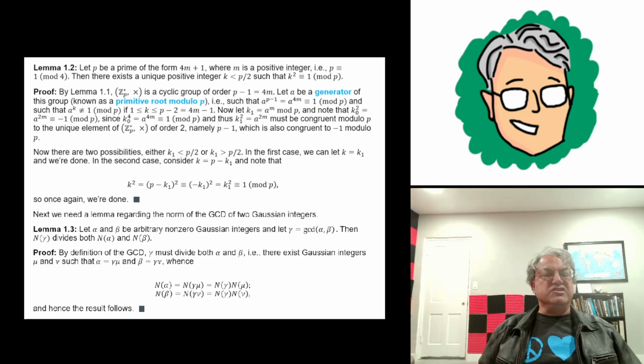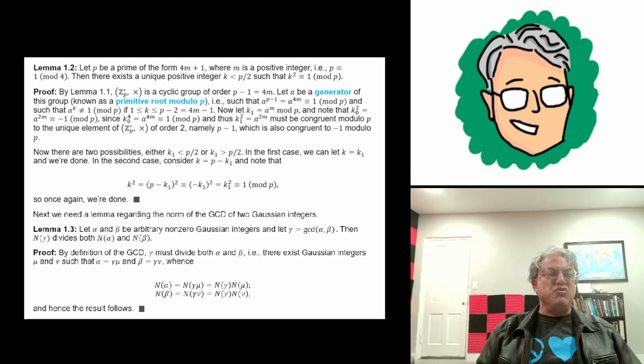Well then, notice that k1 squared is going to be a to the 2m, and that's going to be minus 1. Remember what I said earlier? This is a cyclic group of order 4m, so we know that a to the 2m quantity squared has to equal 1, and the only numbers whose square is 1 modulo p are plus or minus 1.